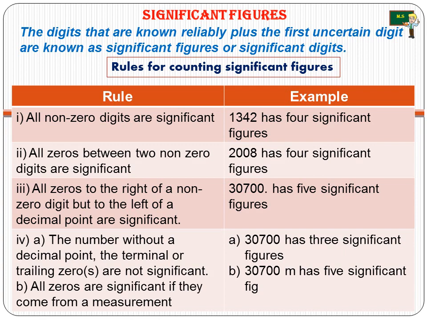Third rule, all zeros to the right of a non-zero digit but to the left of a decimal point are significant.